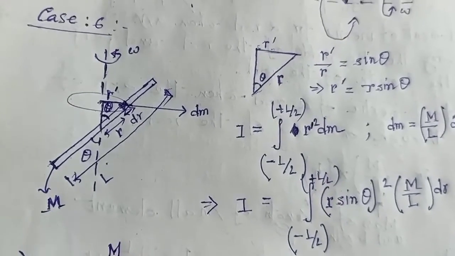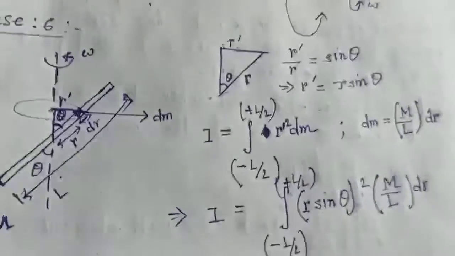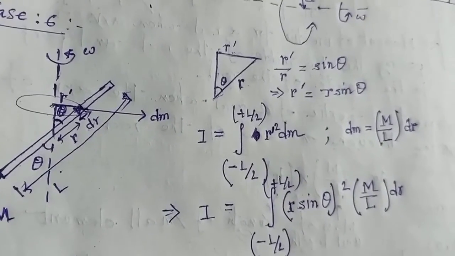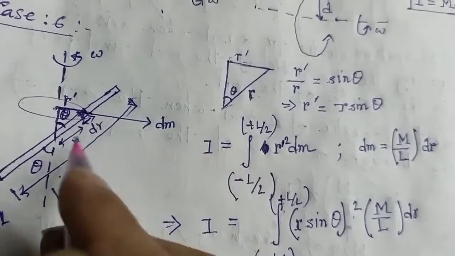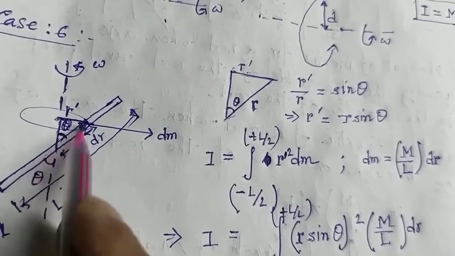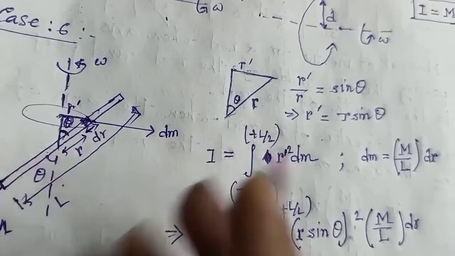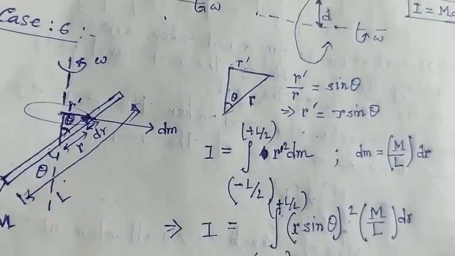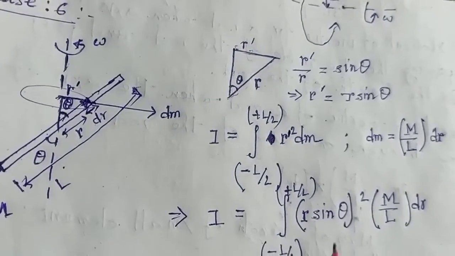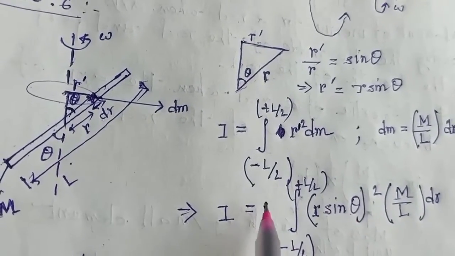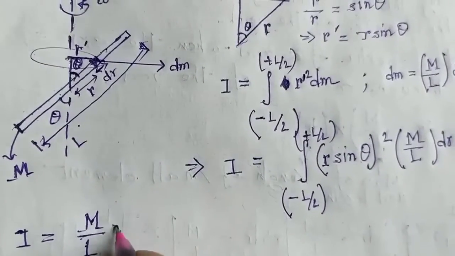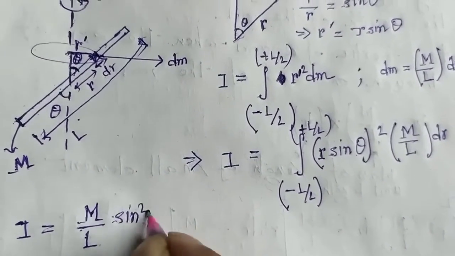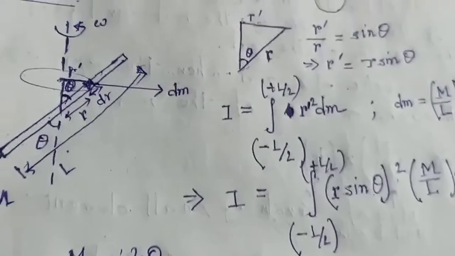So m divided by L comes outside, and as there is no variation of the inclination angle, theta is fixed, so theta is constant. If theta is constant, then sine theta is also constant, and sine square theta also comes outside.